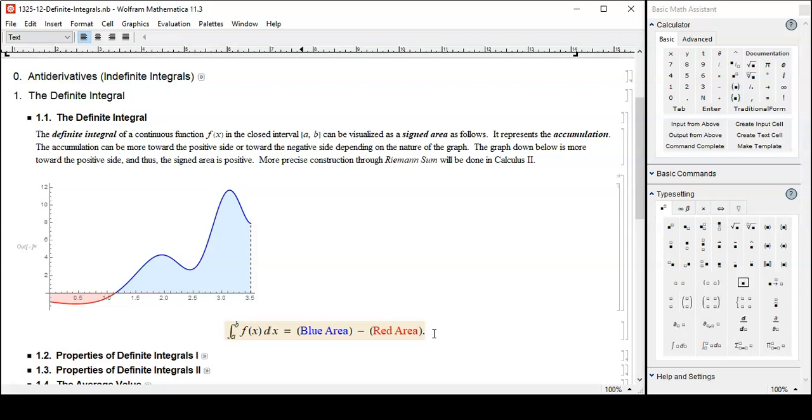Now, speaking of accumulation, it's going to be a little bit easier to understand it using an example. So let's go to an example. Let's consider this as a graph of daily profit of your business venture, or more precisely speaking, a moving average of daily profit.